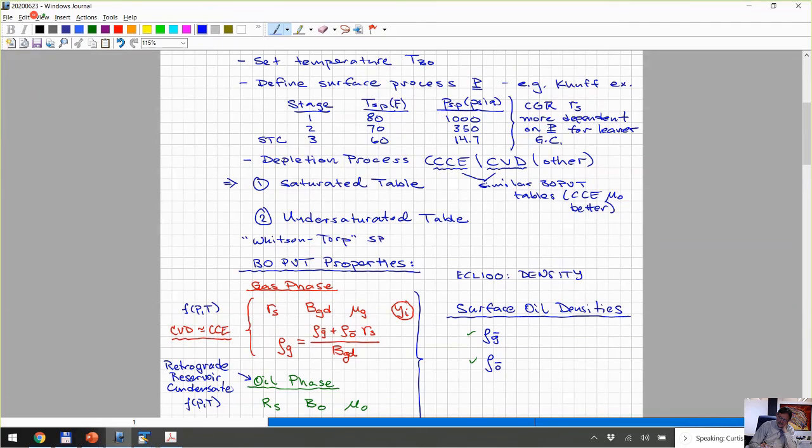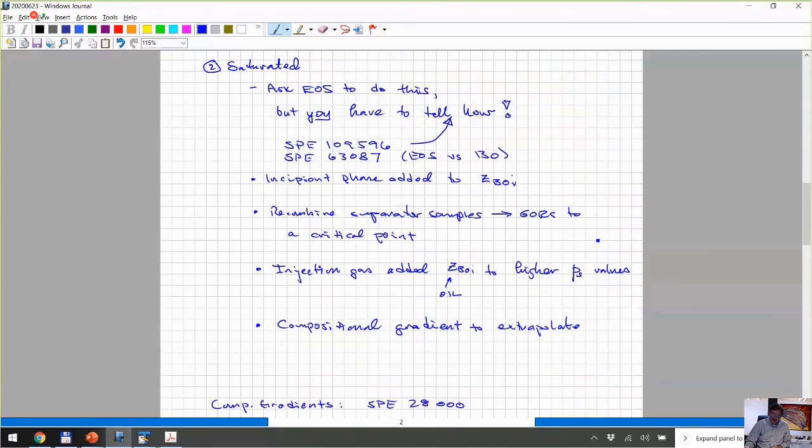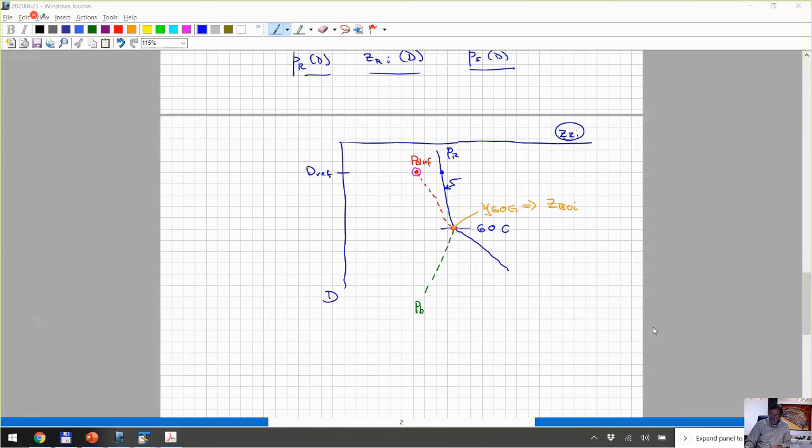That's an SPE paper. I don't remember the number, but it covers this process of calculating the black oil PVT. It's also covered in detail in chapter 7 in the book. Okay, so that's basically the treatment for black oil tables.